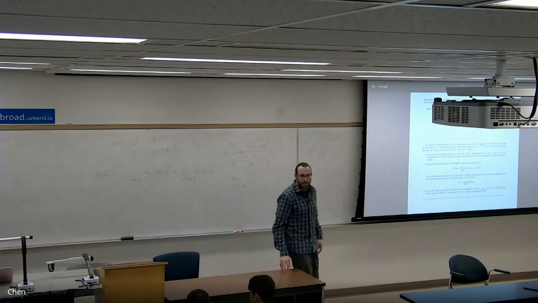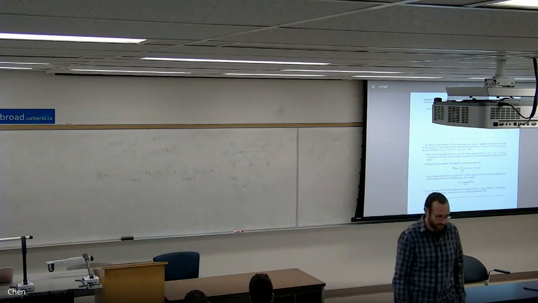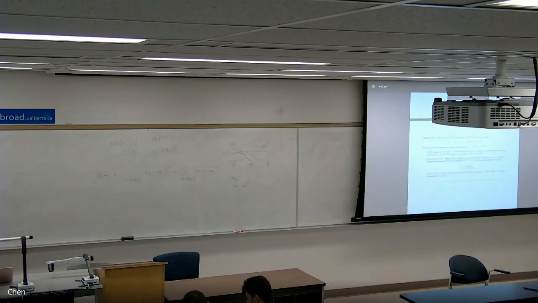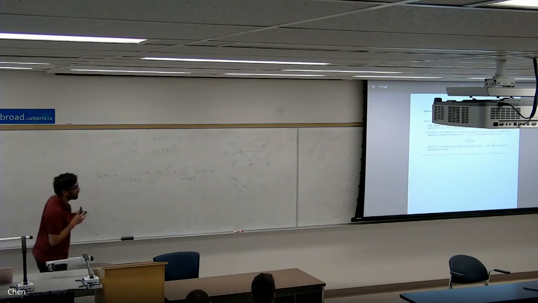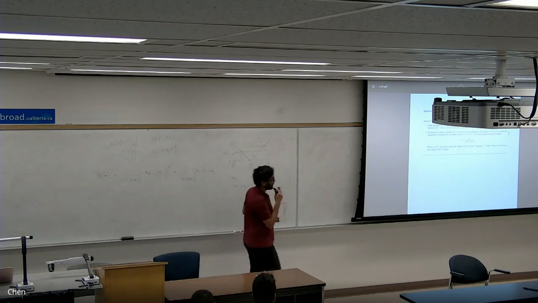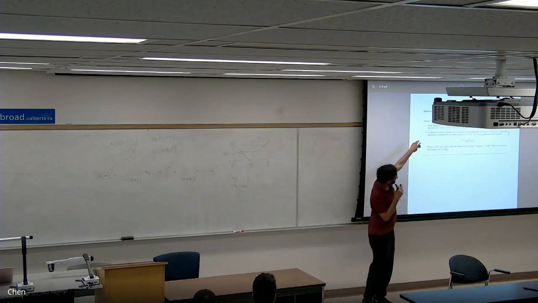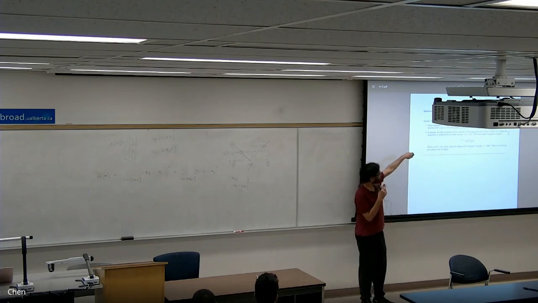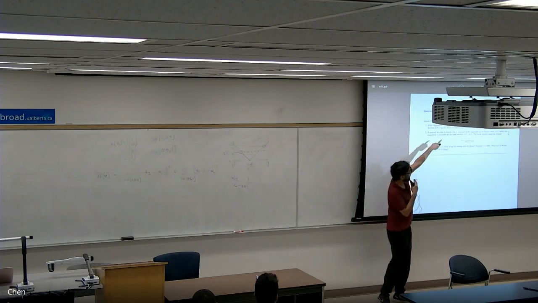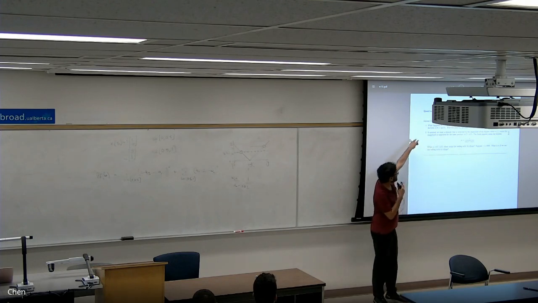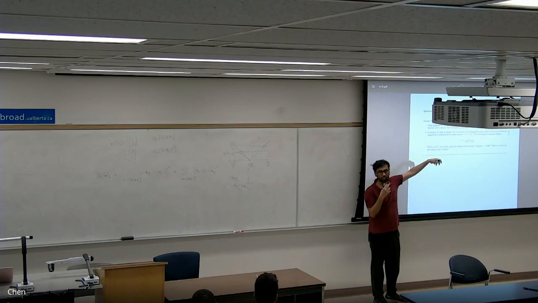Okay, let's move on to the fourth question. So we are given an update rule with the target U_t, and this is the update rule. Assume that we are using linear function approximation to represent our value function.